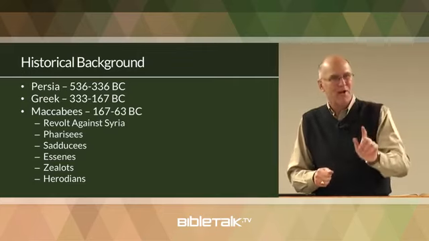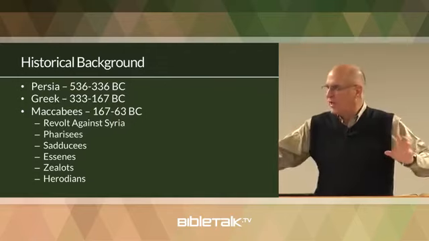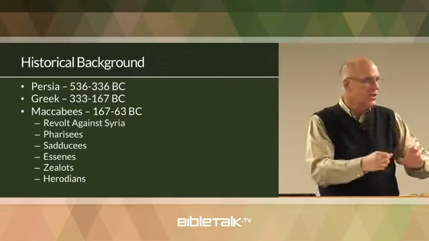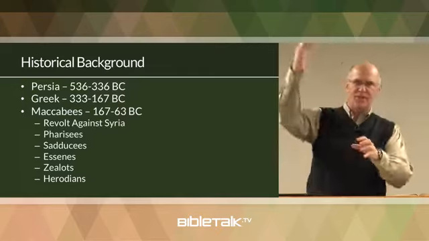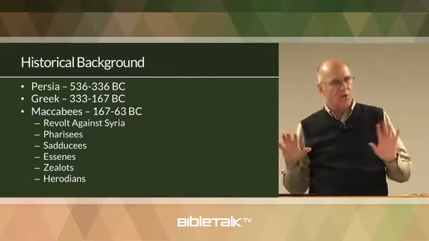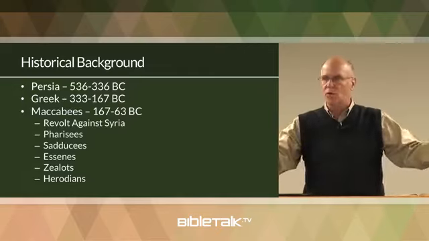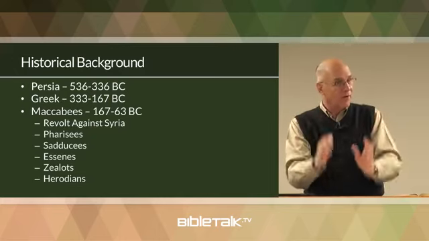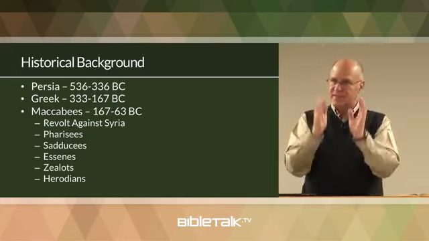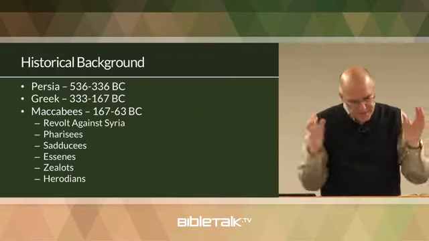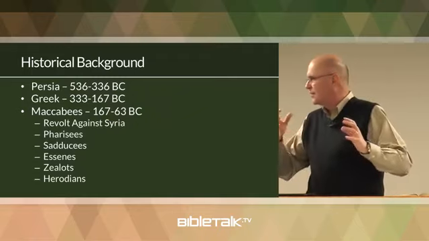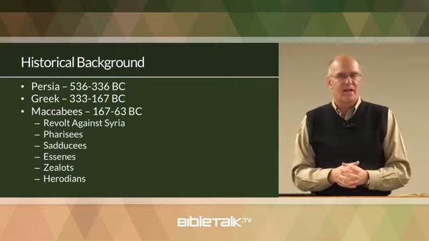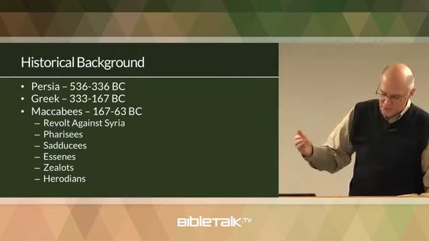So they were the ones in their day who said, let's go back to the Bible. They were the original ones who said, enough of Greek influence in our life and in our religion and in our culture and so on and so forth, enough of the Syrians taking over. We need to go back to the Scriptures and go just with the Scriptures. And so they were heroes at the beginning. They were seen as heroes. They saved, if you wish, the way of life that the Jews had that was dictated by the Scriptures.